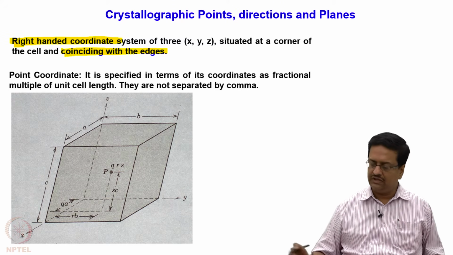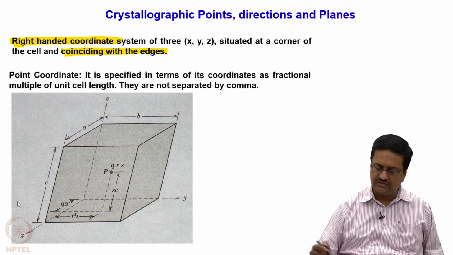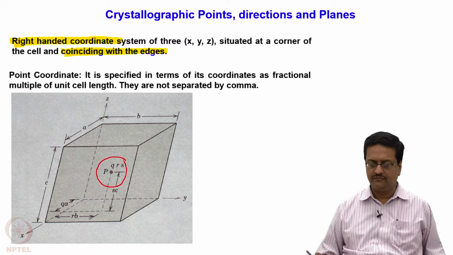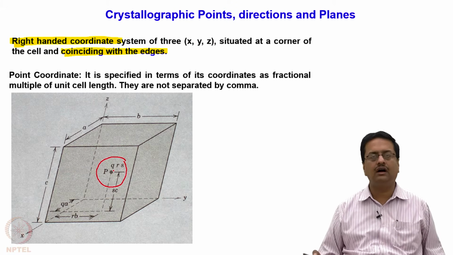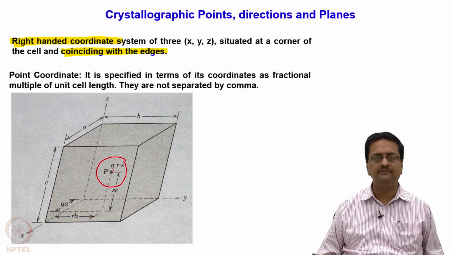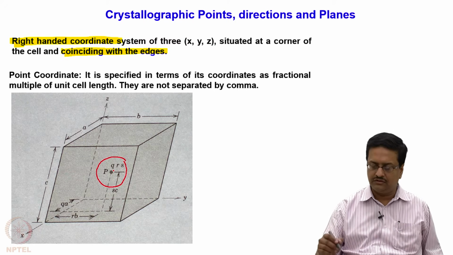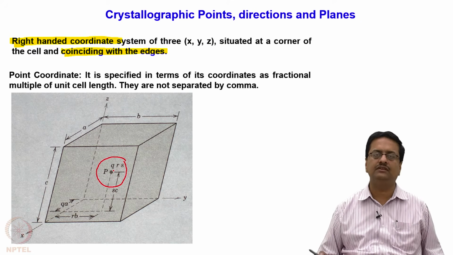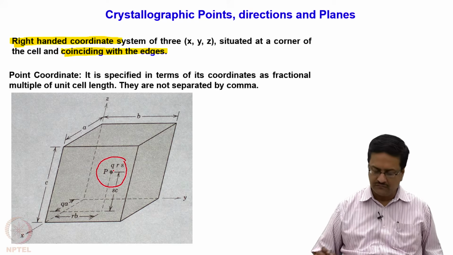Now if we have a point inside a lattice, which is designated here as P, then what should be the coordinates Q, R, S of that point P? This point Q, R, S has coordinates which are fractional coordinates with respect to the unit cell parameters a, b and c.